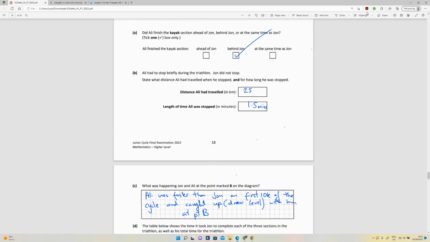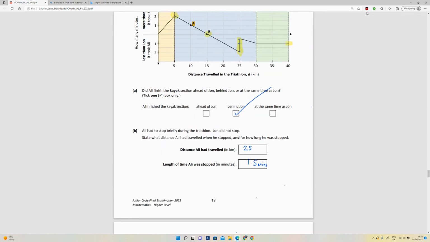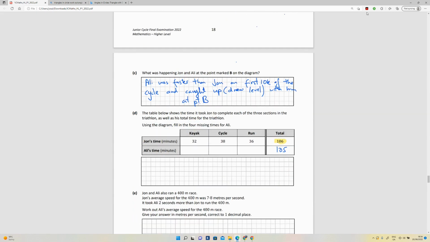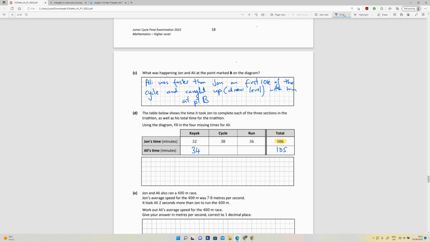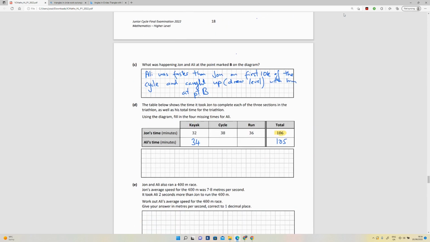So if we go back again, if we look at the kayak, we already know that he finished behind John from this earlier question, 2 minutes behind John in the kayak. So 2 minutes more is 34 minutes. Then he made ground up on the bike, or at least the start of it, but because of the pause for a minute and a half, he only finished 1 minute ahead of John on the cycle part. So if John took 38, Ali took 37.